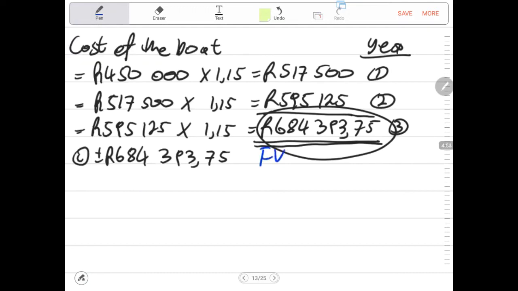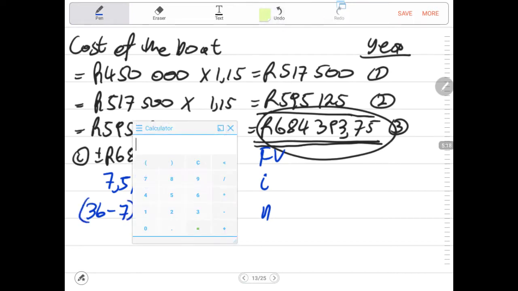So he wants to save monthly towards getting this future value. The interest that Jack is going to be earning in his savings account is 7.5% divided by 12 because it's compounded monthly. N will be 36 minus 7 because Jack will start saving from month number 8 up to month number 36.